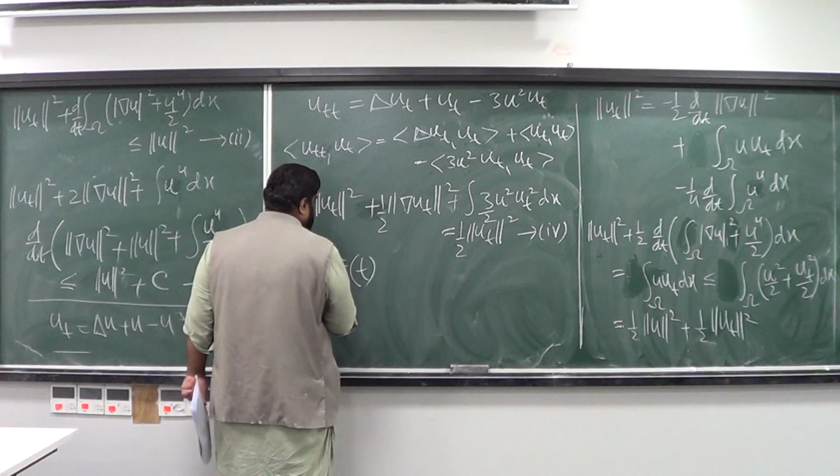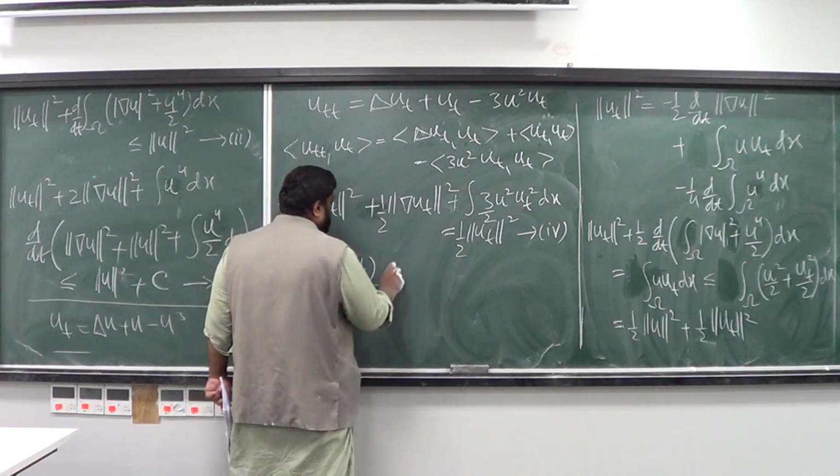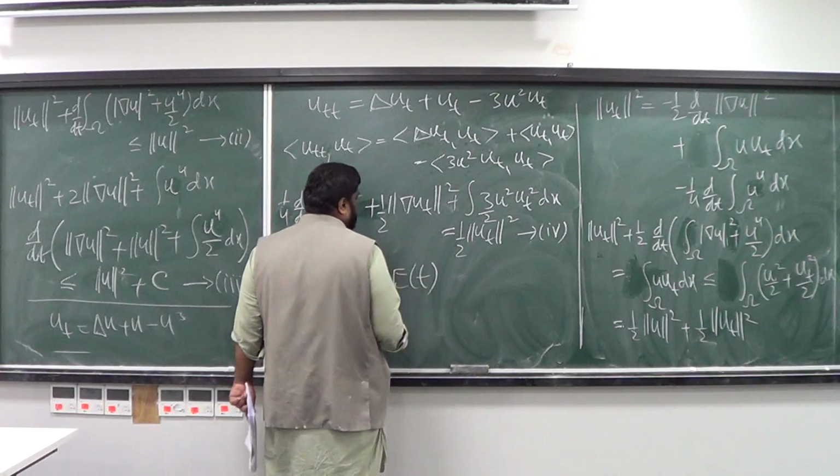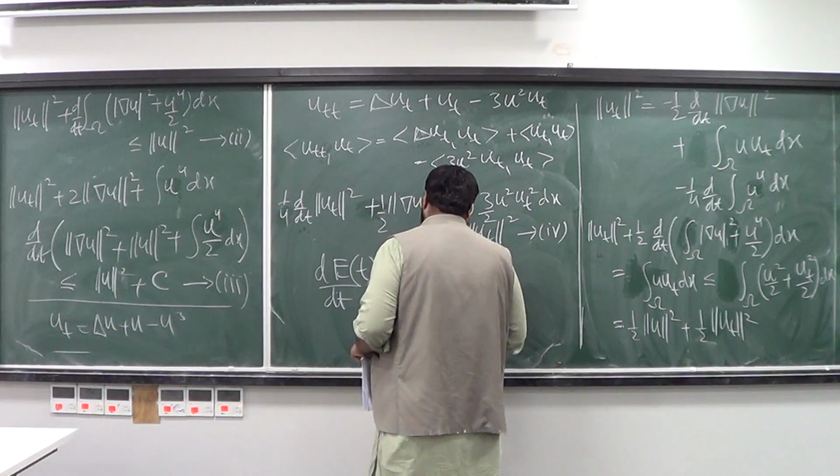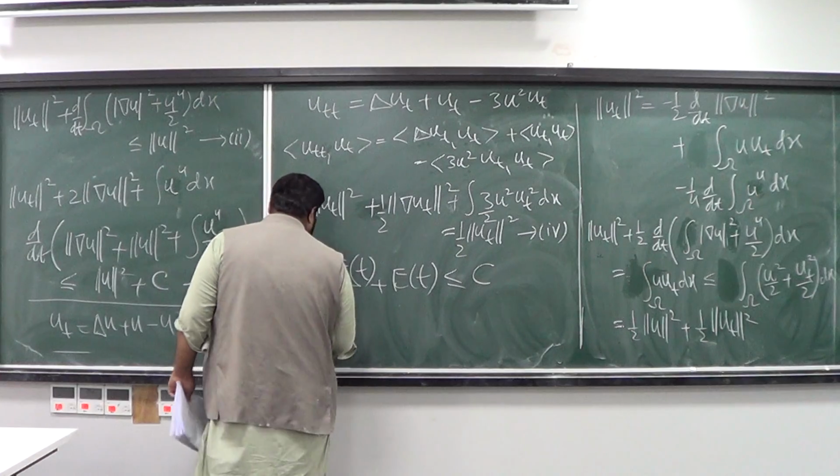So dE by dt plus E of t less than or equal to some constant C actually. Okay.